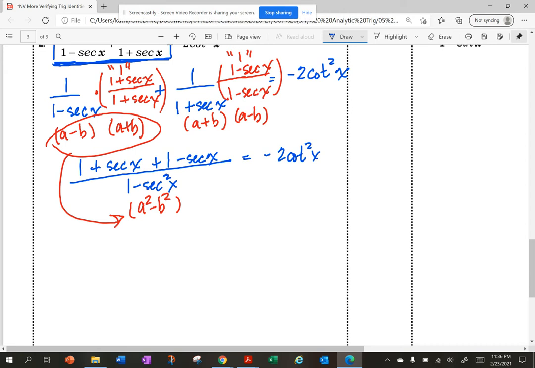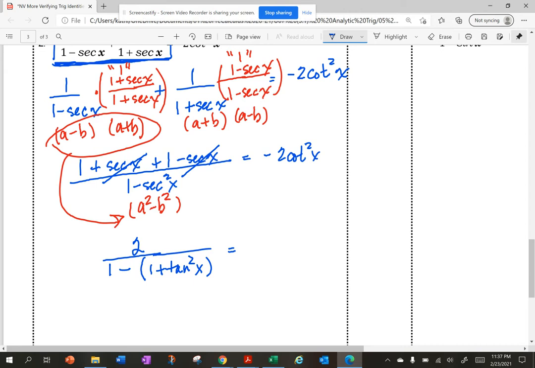What I see in the numerator is my plus secant and my minus secant, total 0. So I'm just left with 1 plus 1, which is 2. And then 1 minus, and my secant squared is 1 plus tangent squared of x.